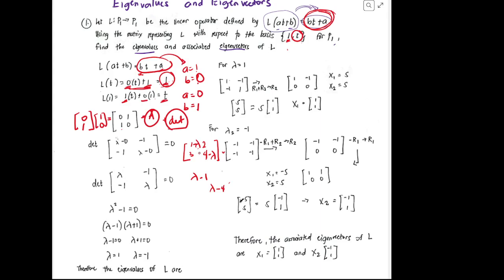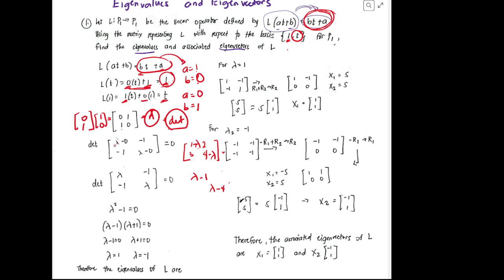Now, instead of subtracting the lambda from the values of the diagonal, you will just have the lambda subtracted by the values from your diagonal.